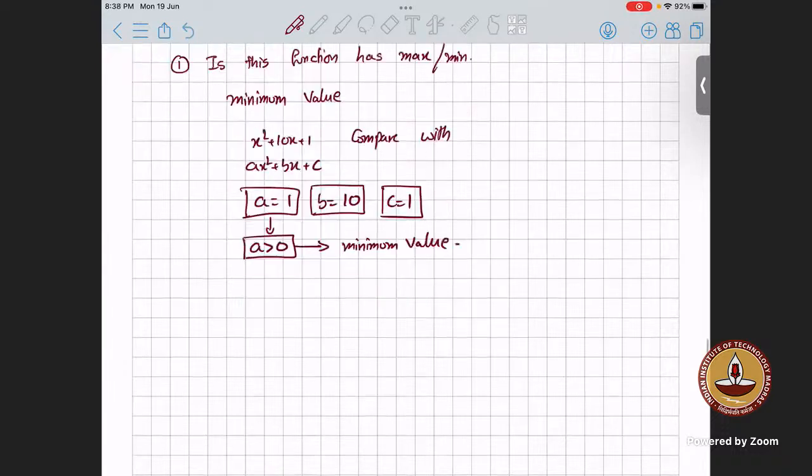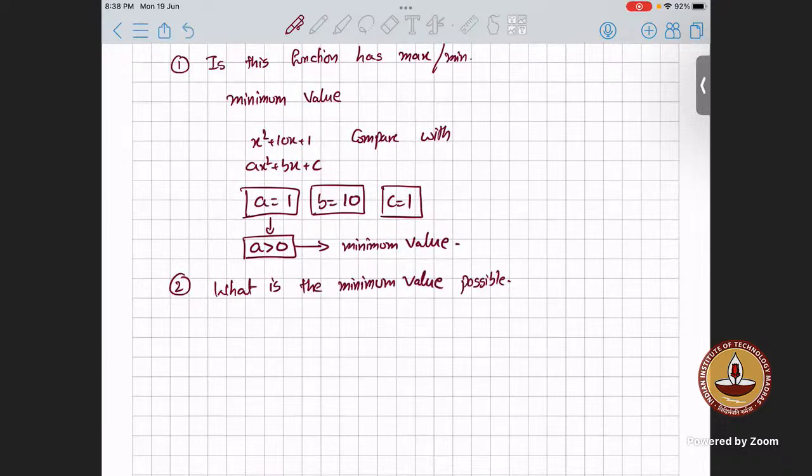Now someone asked, what is the minimum value? What is the answer?